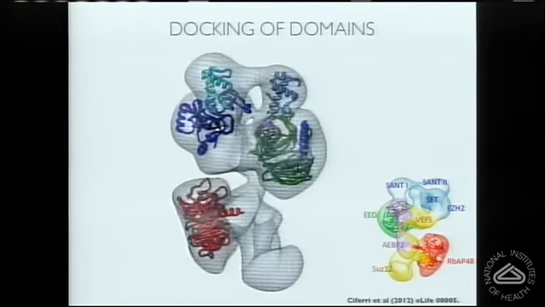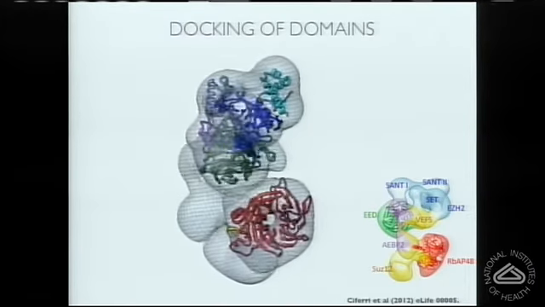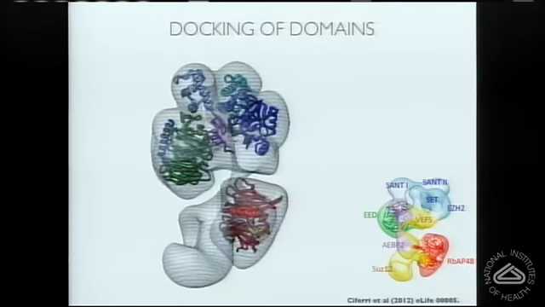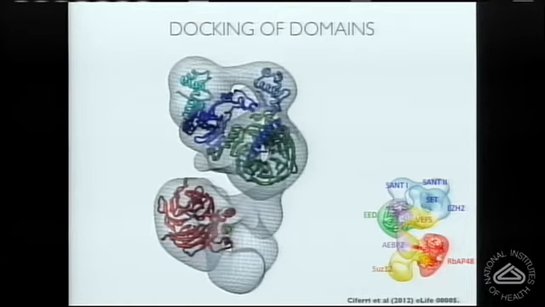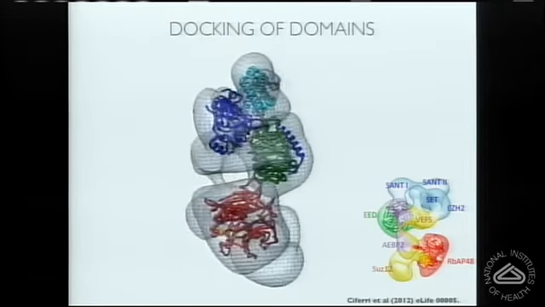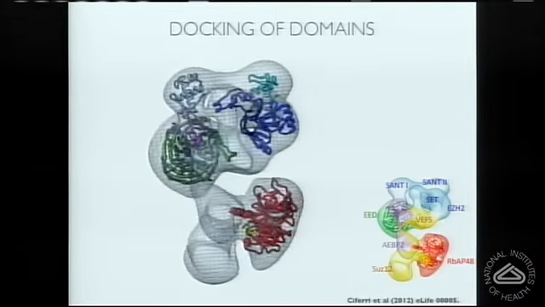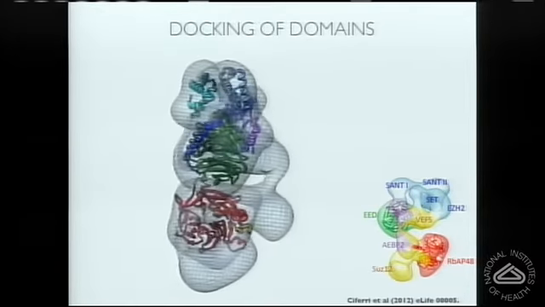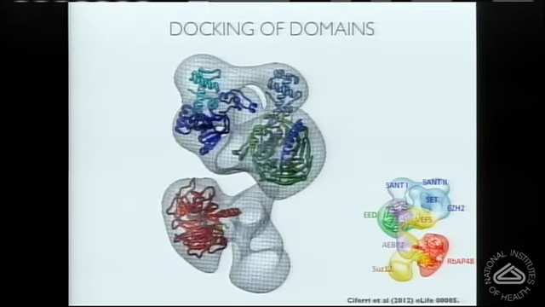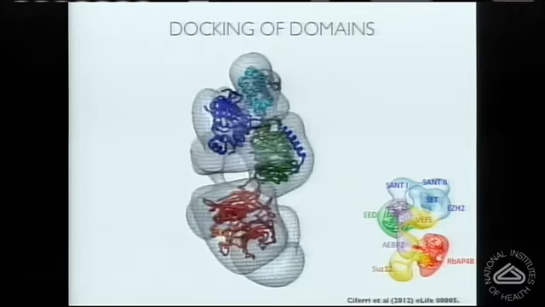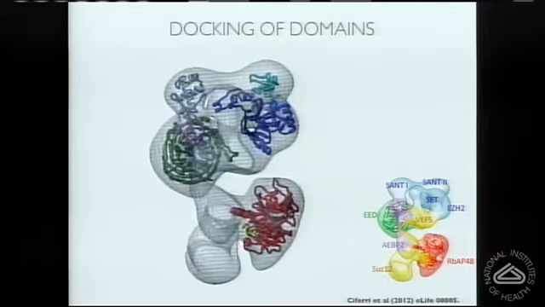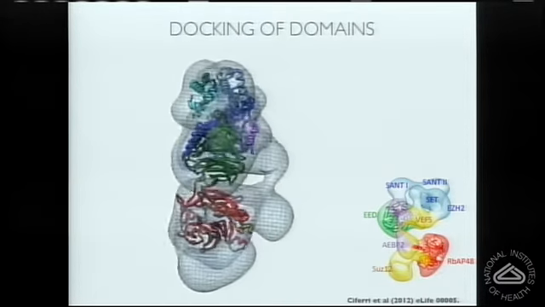So what we end up with is a definition, a positioning of every one of the elements, and we can take the 2 crystal structures that exist for the WD40 domains, as well as homology domains for the set and SUN domains to explain a significant part of the complex. And for the rest, we know the identity, but there are no crystal structures.